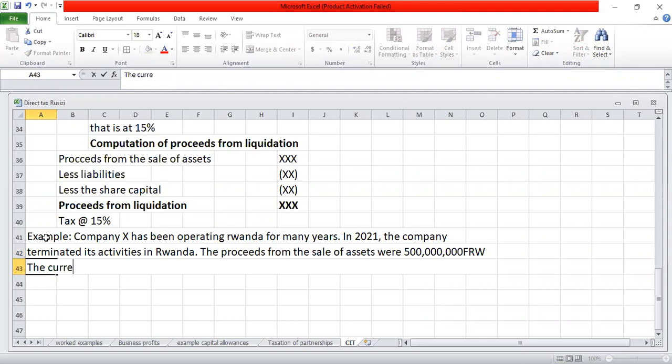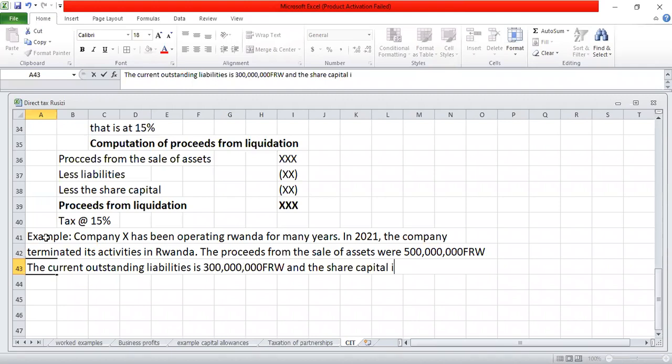The current outstanding liabilities is 300 million, and the share capital is 100 million.